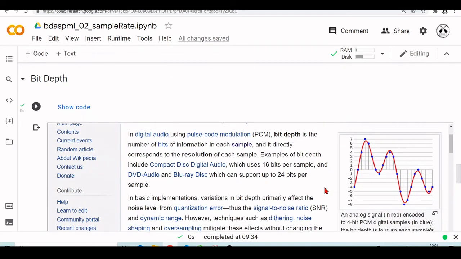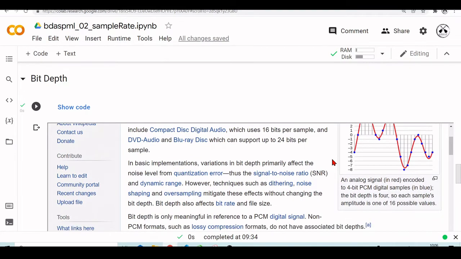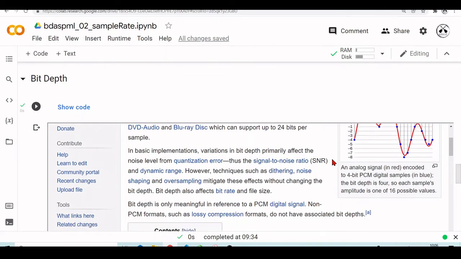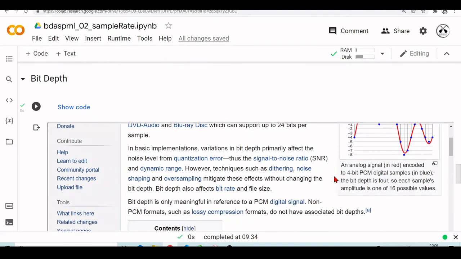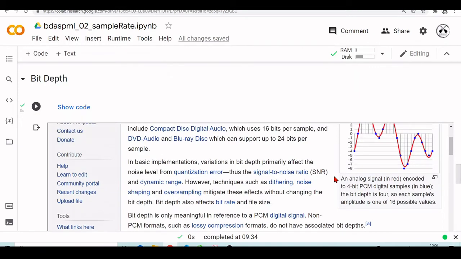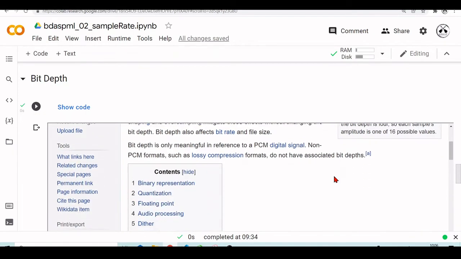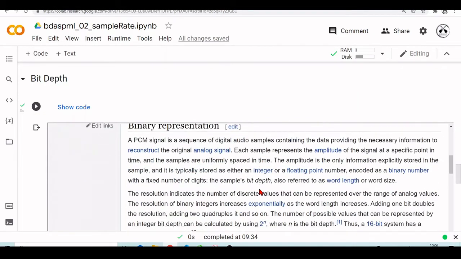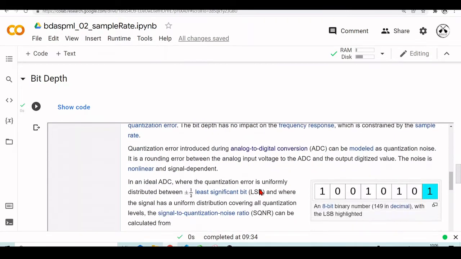Different types of audio data use different bit depths: 16 bits for CDs, 24 bits for Blu-ray. The number of bits relates to quantization error, signal to noise ratio, and dynamic range, and there is a whole world of quantization, for example, different floating point representations.